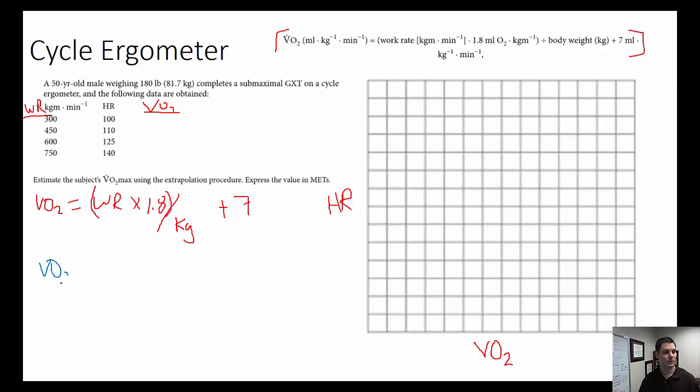VO2 equals work rate of 300, so we're taking our first number here, times 1.8, divided by our body weight, which is 81.7, and then plus 7. When I plug this in, I get a value of 13.6.